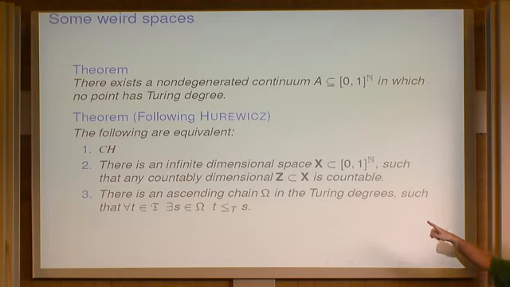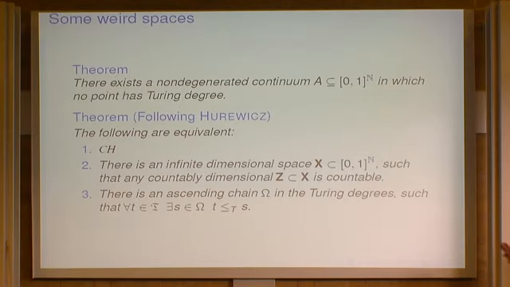The property for X means essentially that this process of taking the boundaries of really small neighborhoods around points and then working on these boundaries will not get you towards the empty set, no matter how often you iterate over all countable ordinals.